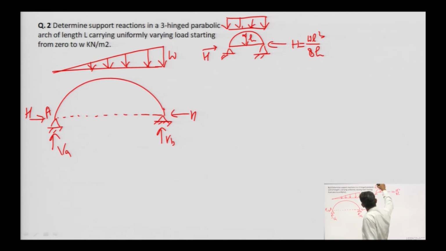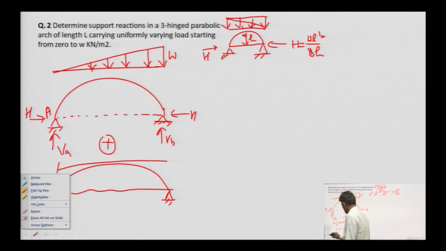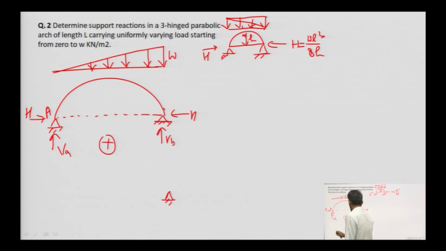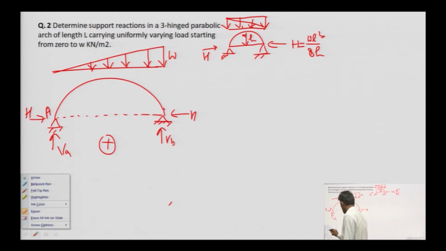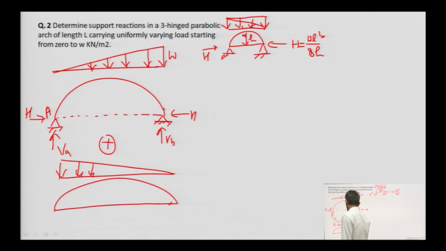So, if it is UVL, if we are adding this one load, or we can say just making the reverse of it, then what will we have?